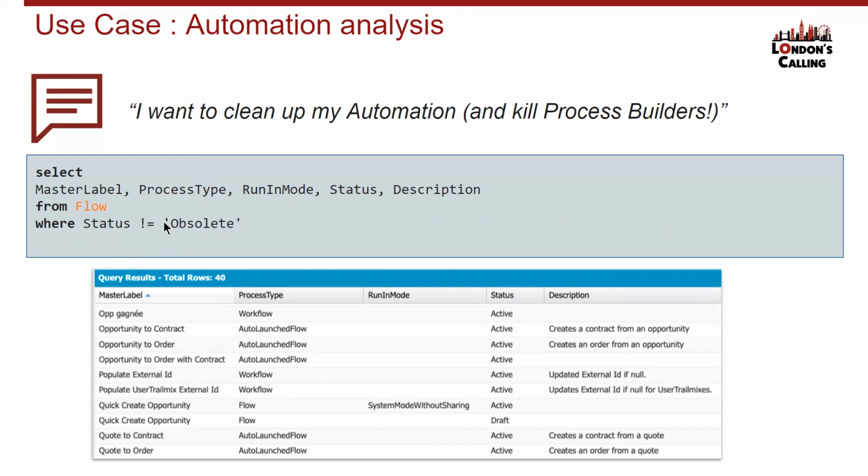It's not something you have to do on sandbox, but it's something you should do in production from time to time: removing all the old versions of the flows you have, because you don't want to keep a lot of flows that are unused by anyone anymore. It's quick and easy to run and to check how many flows you could remove within a production org. So just think about it.